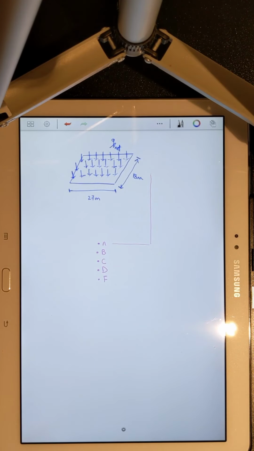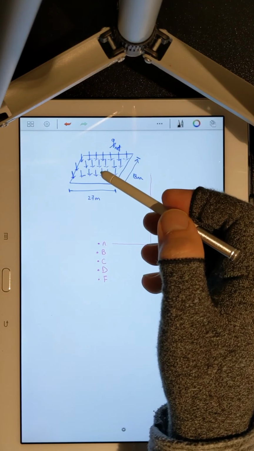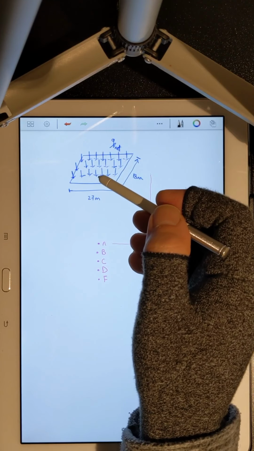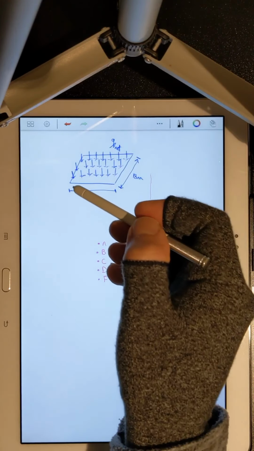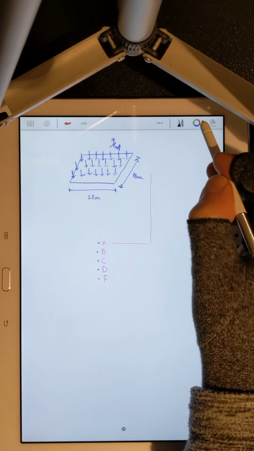Now we know how to make use of the Steinbrenner method. And we know the limitation with the Steinbrenner method. The limitation is that the method only offers you the degree of stress at the corner of your rectangular loaded area or surcharge area.